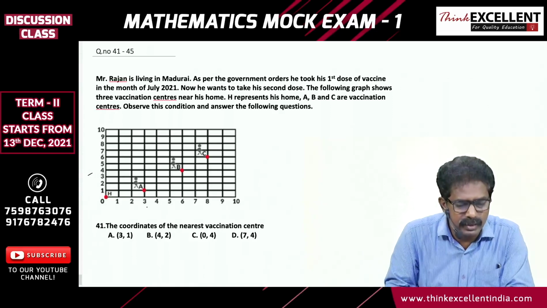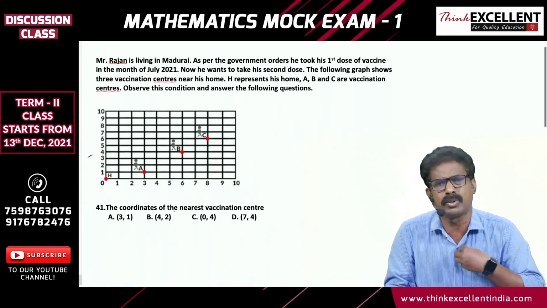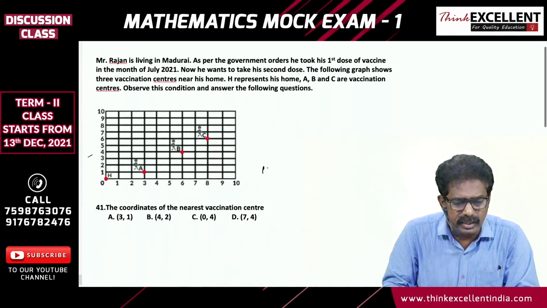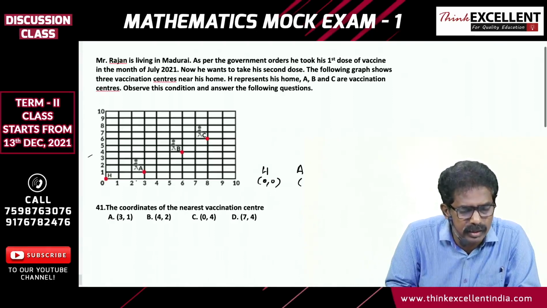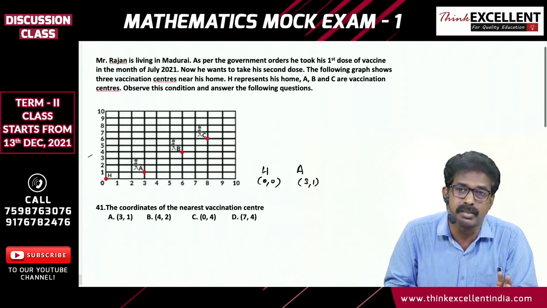Okay. See the coordinates of the nearest vaccination center. See what I'm going to do. I'm writing all the coordinates first itself. H is the coordinate, that is his home. Then A is the first vaccination center. What's the coordinate here? A, 3, 1, right? So 3, 1. Listen very carefully. Even if you take some time, doesn't matter.